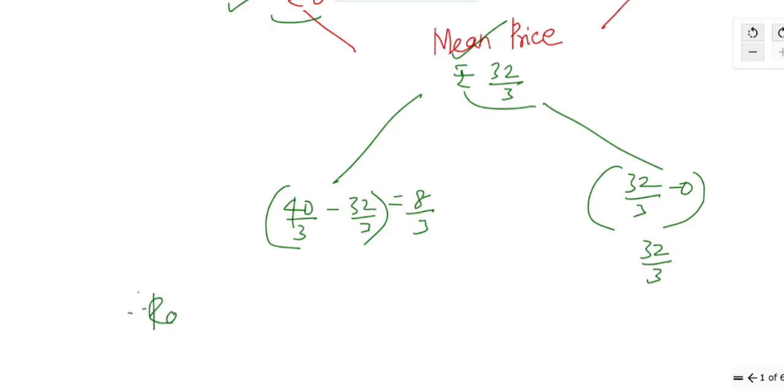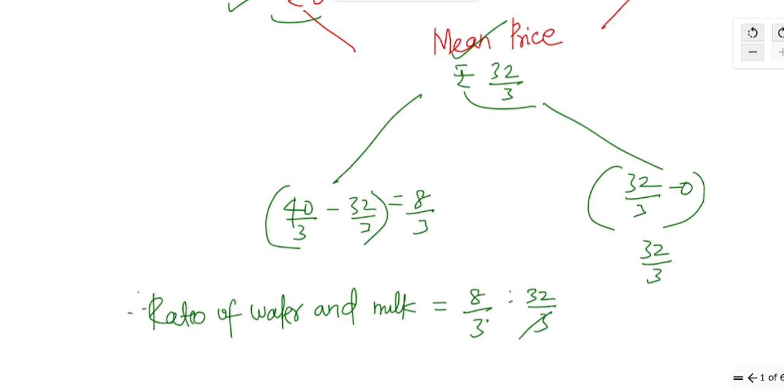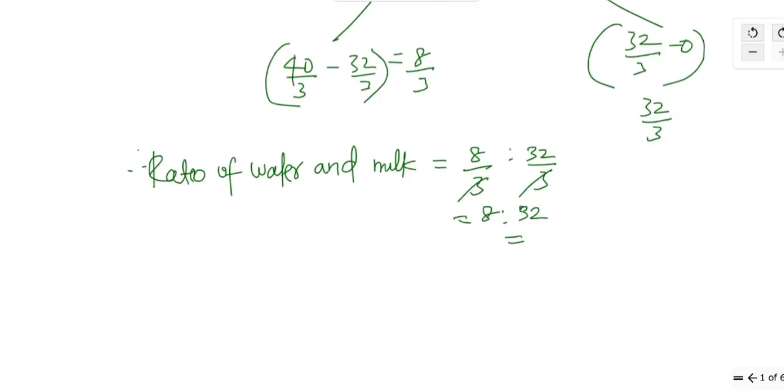Therefore, the ratio of water and milk is 8/3 is to 32/3. Cancel the 3's, that gives us 8 is to 32. Again, we can simplify this further. That gives us 1 is to 4.